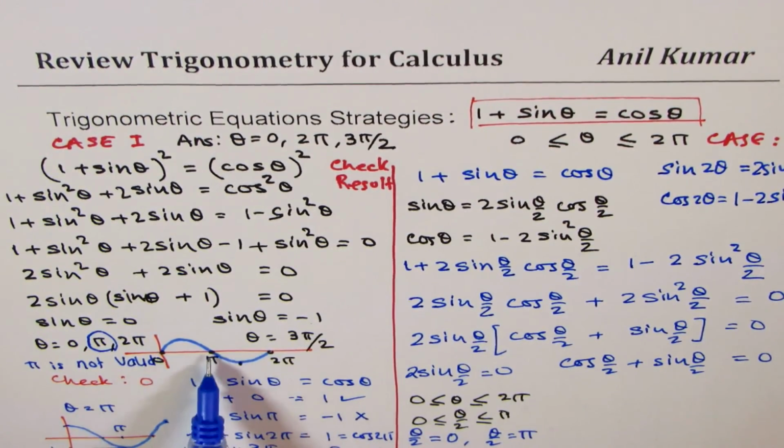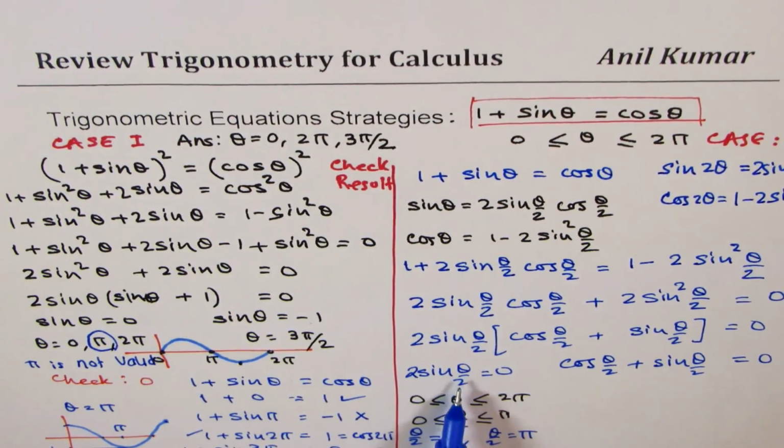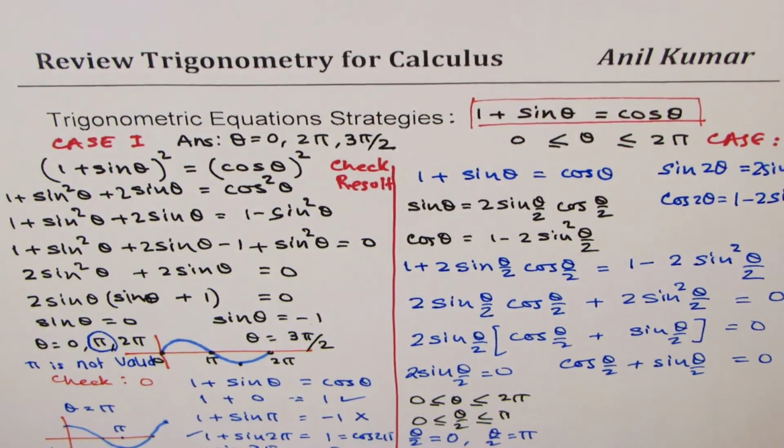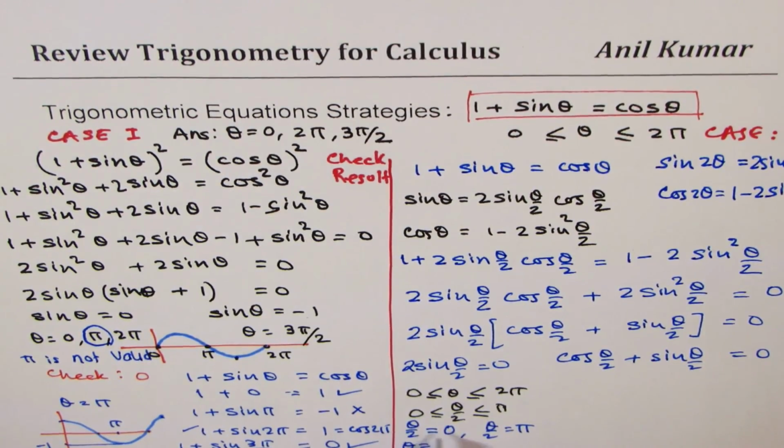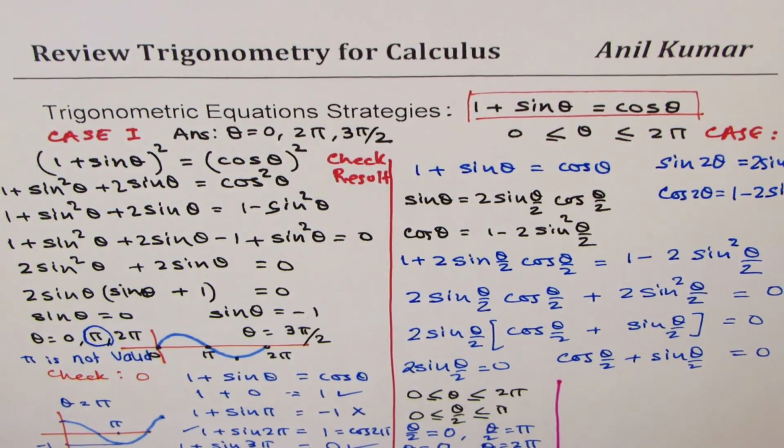Is it okay? These are the two values for which sine theta by 2 is 0. So that gives us theta equals 2 times 0, which is 0, right? Or theta equals 2 pi. So we get two solutions, theta equals 0 and 2 pi, from this condition.